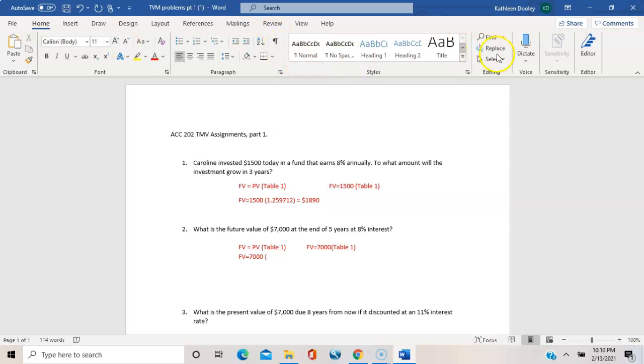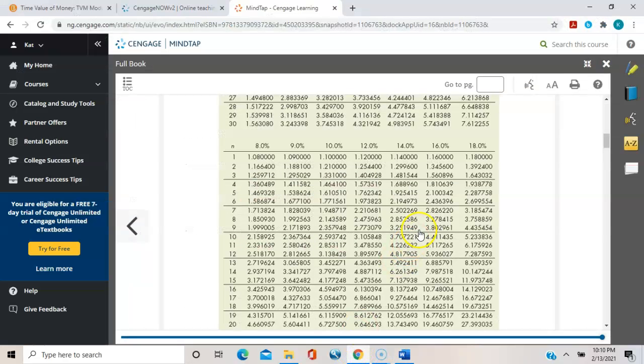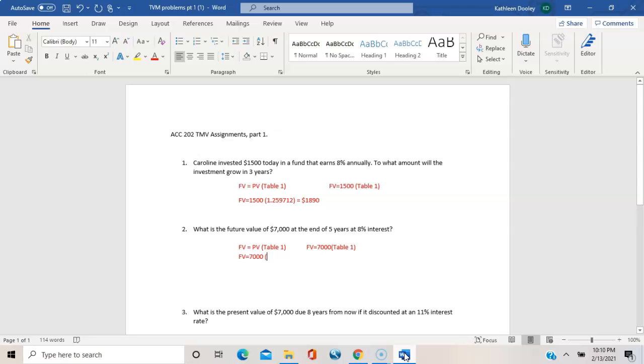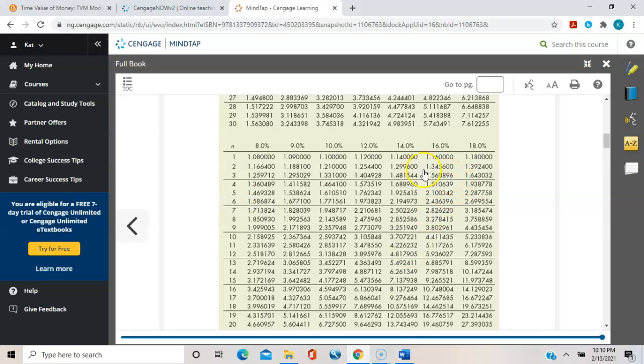All right, so let's take a look at table 1. We had 8% and 5 years. So again, we go down the 8%, and go to the 5 years: 1.469328.